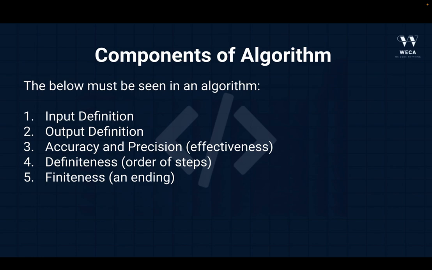Definiteness means there is a start, a continue, and the steps that the algorithm has to take have to be defined and well stipulated. And then finally, it must be finite. Finite means it must not run continuously. You don't want to crash your computer, you don't want to crash your device, right? So it must have an end. These are the components of an algorithm, and if an algorithm lacks one of these components, then the algorithm is not a perfect algorithm.